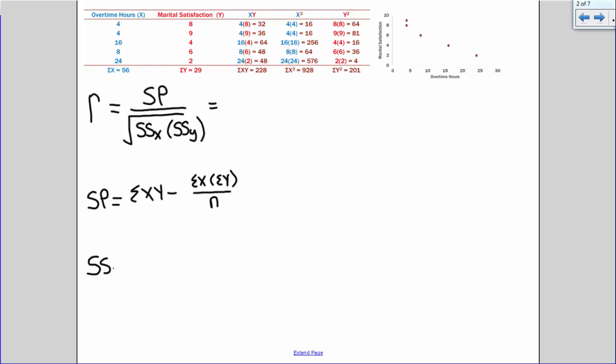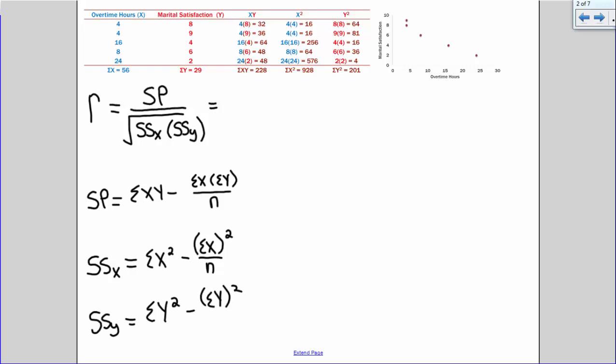So my sum of squares for x, that little subscript just represents that that's the sum of squares for x. So the sum of x squared minus the sum of x quantity squared. See, you thought you were getting away from sum of squares, but it's back in a big way. Sum of squares y. It's just such a useful measure of variability. So now we just replace x with y values in this formula. Sum of y squared. All right. We've got all of our formulas written down.